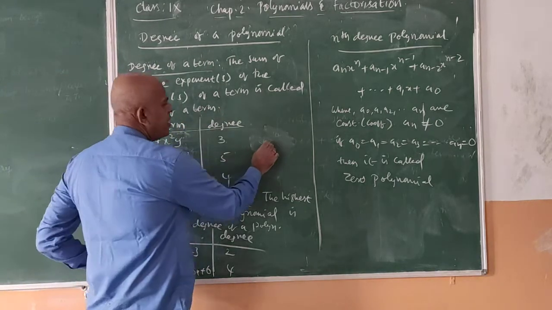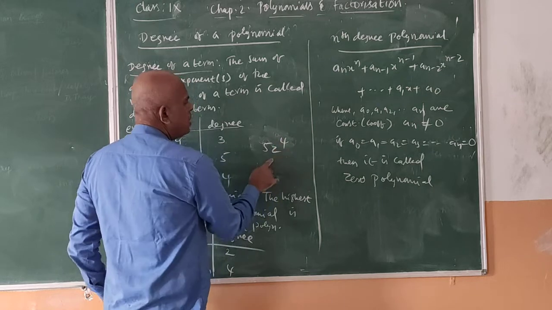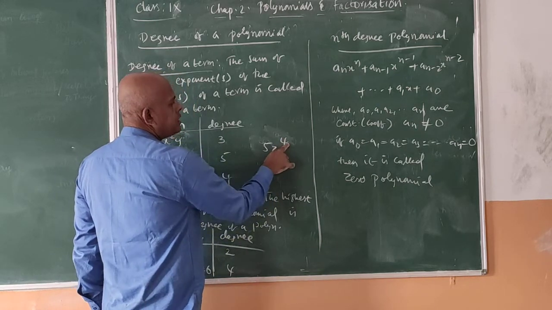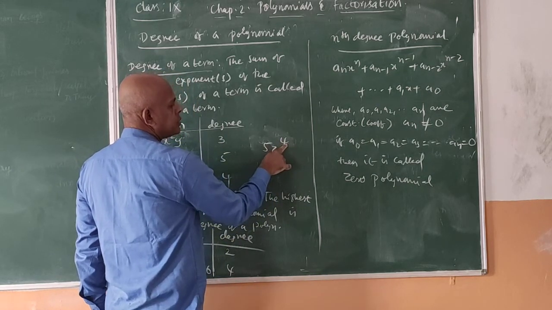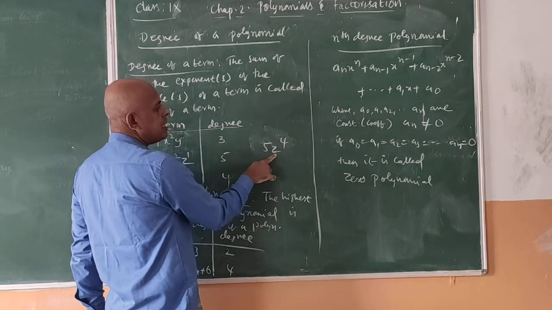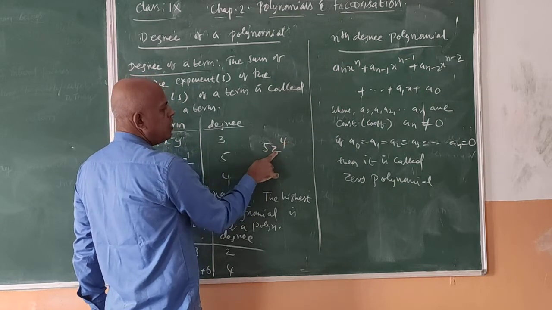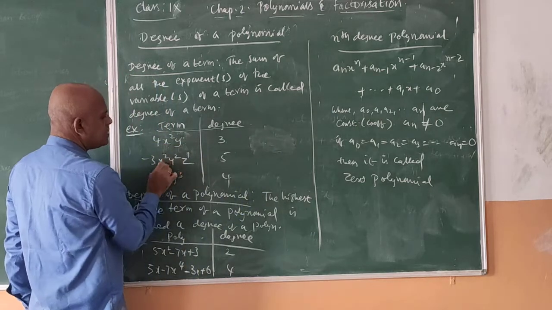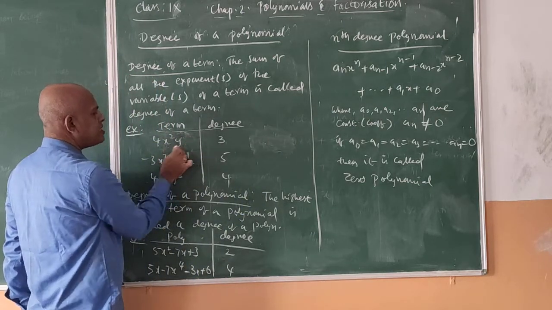If it contains only one variable, like 5z power 4, the degree of this term is 4, because it is only one variable. But whereas with 2 variables or 3 variables, we have to add all the exponents of the variables.